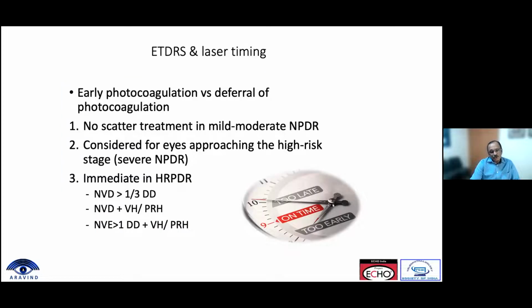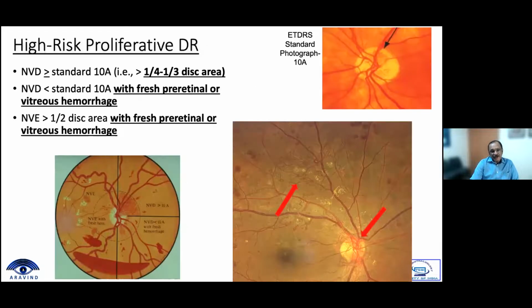So do you do early photocoagulation or do you defer photocoagulation? In mild or moderate NPDR, you do not consider doing a pan-retinal photocoagulation. But in a case with severe NPDR, which is reaching high-risk characteristics, you would consider doing a pan-retinal photocoagulation.